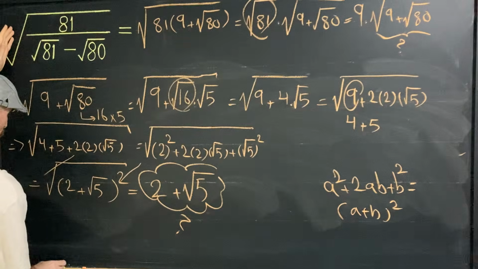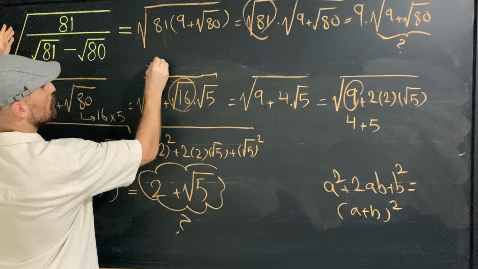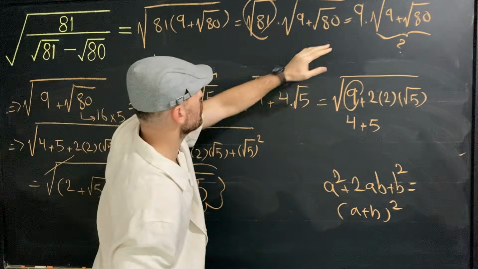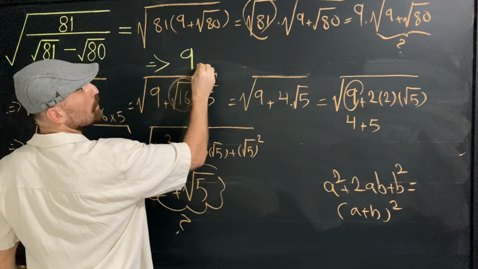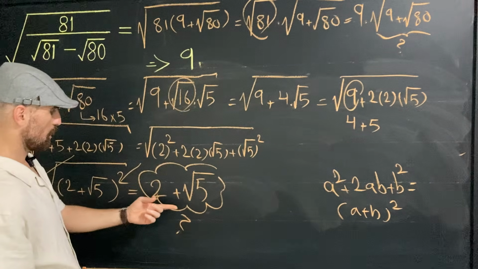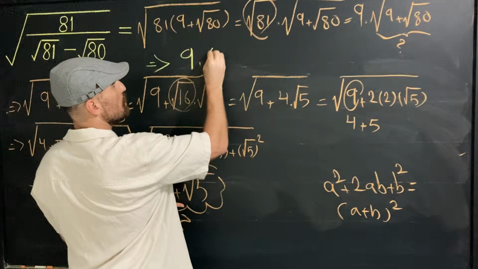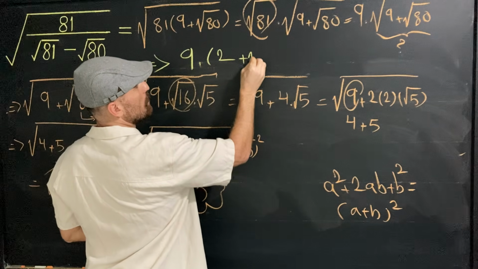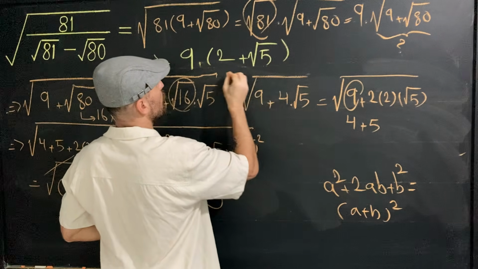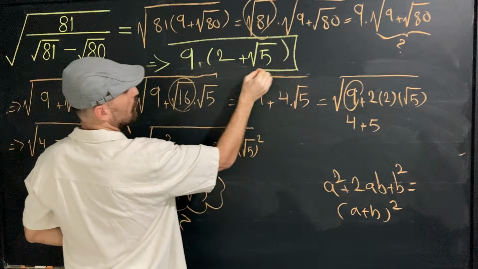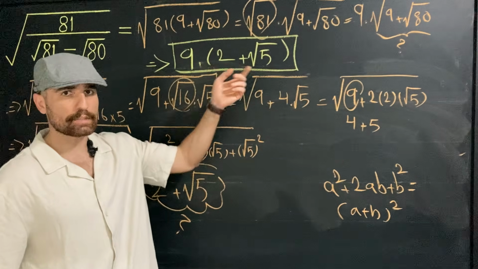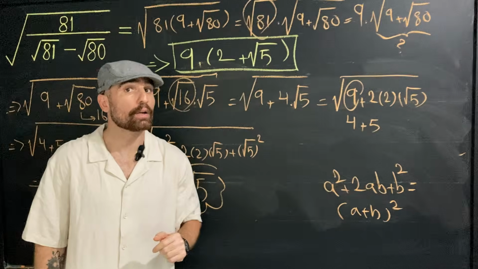So our final answer is going to be 9 times 2 plus second root of 5. What is this? The most simplified answer of our question.